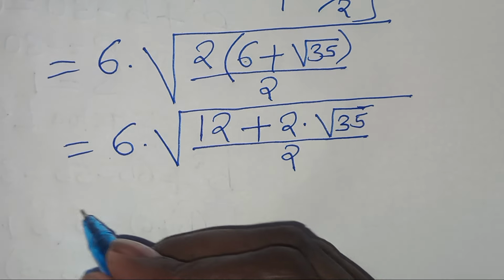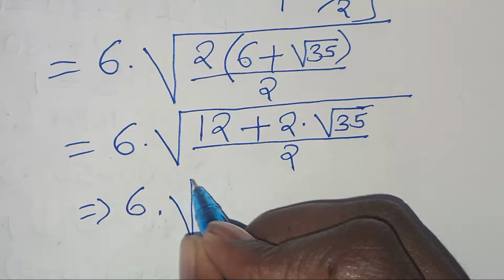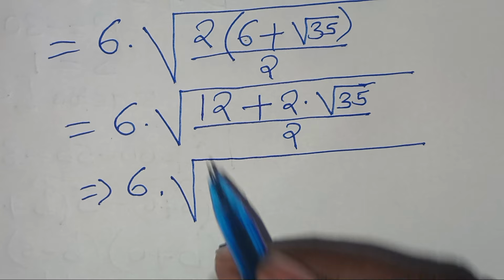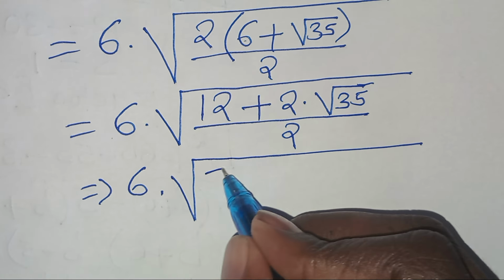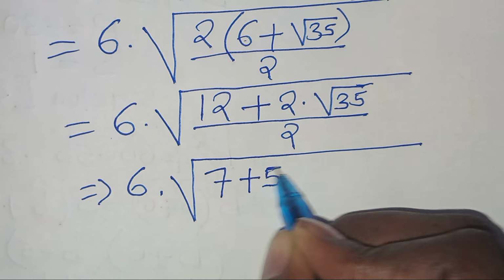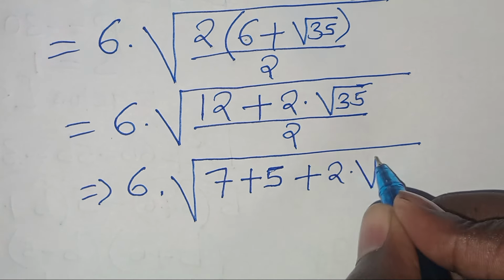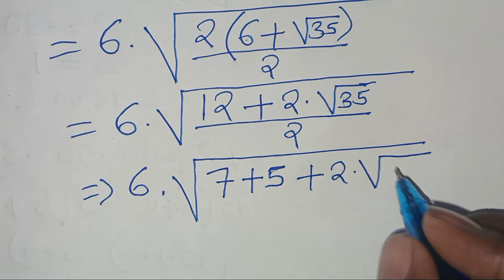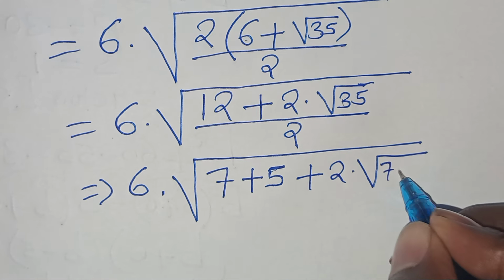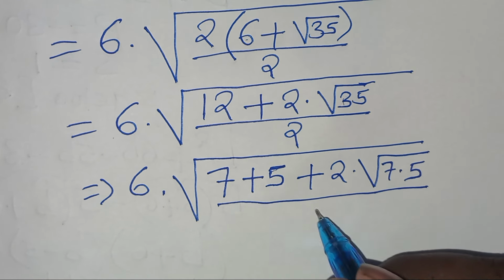Now the next step is that we have 6 multiplied by, we can express 12 as 7 plus 5, then plus 2 multiplied by square root of 35. This is the same thing as square root of 7 multiplied by 5, everything here divided by 2.